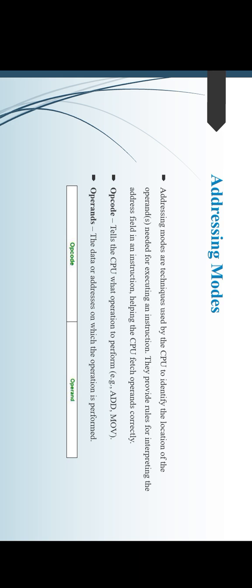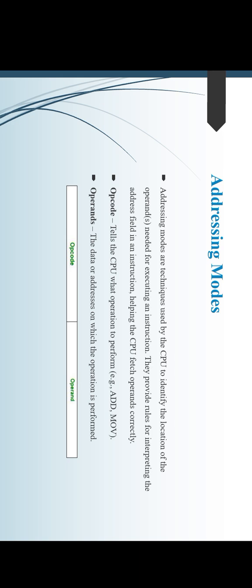Then we have to know about opcode. What is opcode? Opcode means operation code. This operation code is the part of a machine language instruction that tells the CPU what operation to perform. For example, ADD R1, R2: here ADD is the opcode. ADD tells the CPU to perform addition. SUB means subtraction, MUL means multiplication.